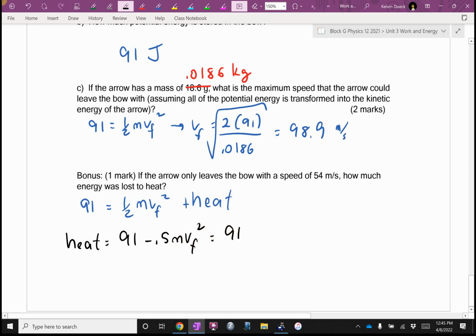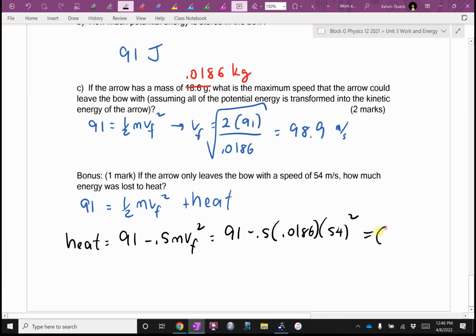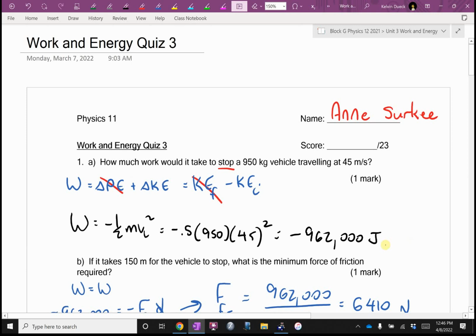It's going to be 91 minus 0.5 times 0.0186 times 54 squared. Don't forget the squared. 63.9? Joules of heat. So it's possible on this quiz to get 24 out of 23.